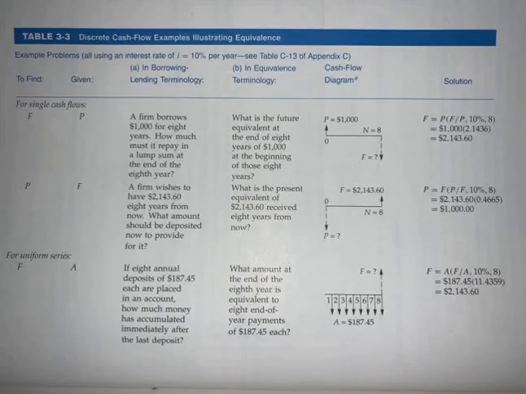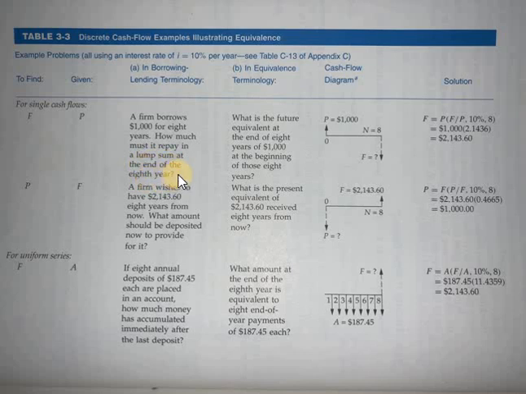Now I just want you to check these tables here, just to mind the way we ask the question. For example, here, to find a single cash flow, I'm finding F given P. The question will come in this form: a firm borrows $1,000 for 8 years. How much must it repay in a lump sum at the end of the 8th year?